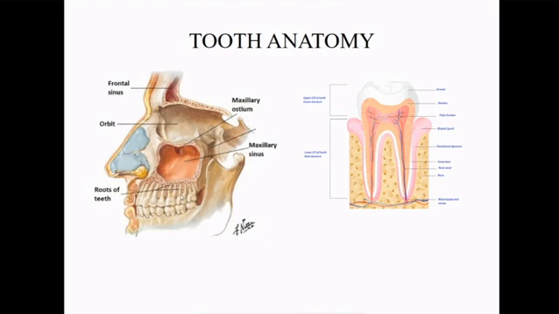Some dentists, sometimes when they extract the tooth, if they are not careful, they leave one or two roots there. This root can become infected. We call it tunggul lah. It's a root. So this is a source of infection to the maxillary sinus.